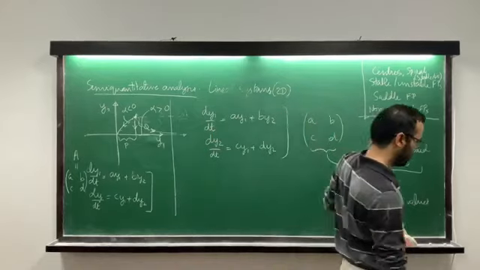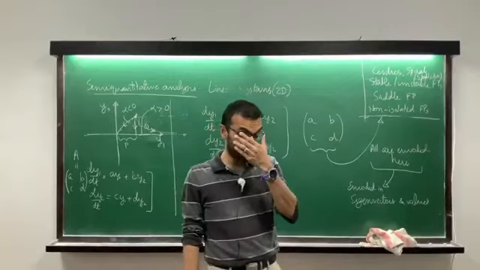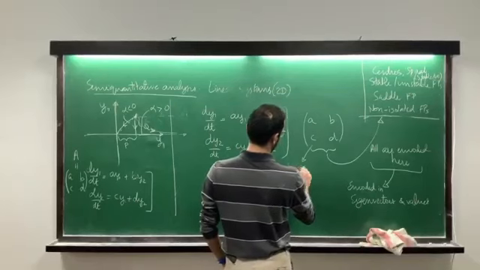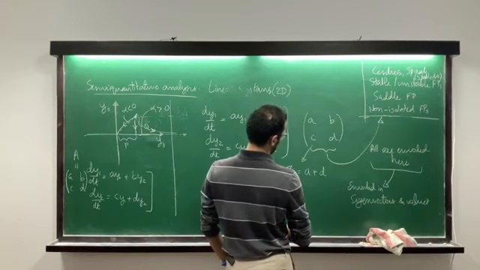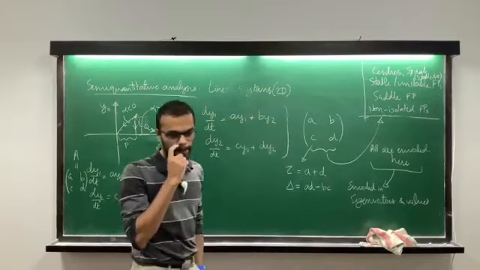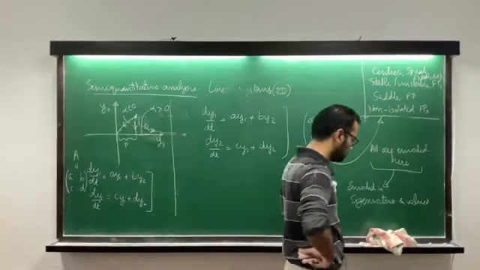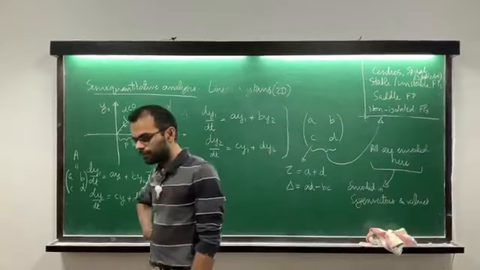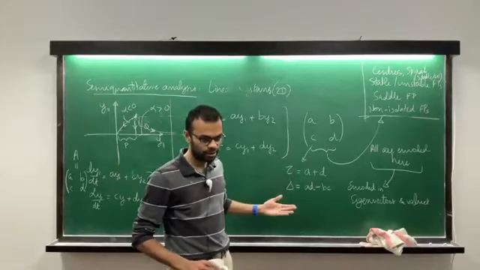If you are going on the street another day and some other person gives you a 2 by 2 matrix and asks, what are the invariants of this matrix? There are only two. There is a trace, which I am going to call tau, which is A plus D, and there is a determinant delta, which is AD minus BC. So we have two invariants, and you can characterize the matrix based on tau and delta.